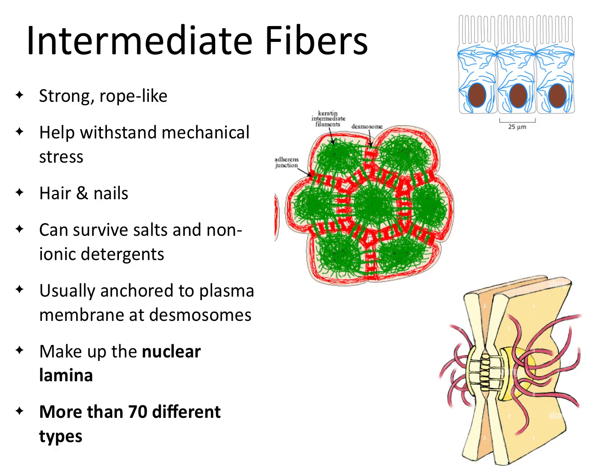We're going to start with intermediate filaments. These are incredibly strong and provide structure to the cell to help withstand mechanical stress. These are heavily found in hair and nails, but they're also found in all cell types.